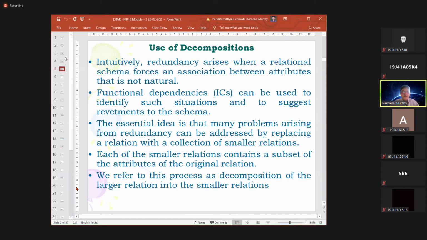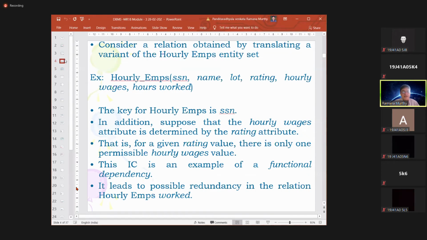Here, when we are identifying this particular thing, hourly wages need not be stored every time for a particular SSN or name. It is a little bit unnatural. Whenever we are seeing a particular employee, we can identify how many hours he worked on a particular day.